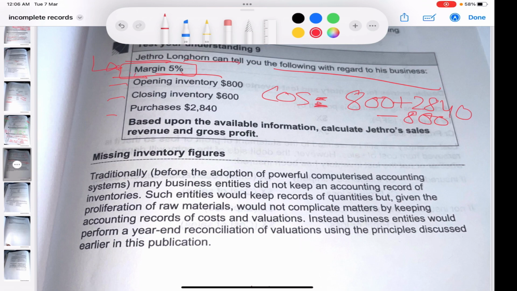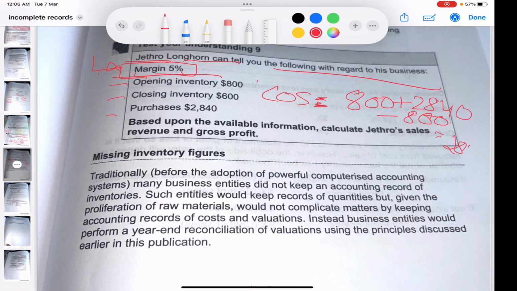Keeping this over here, let us first find the cost of sales. 800 plus 2840 minus 800 is going to give you 2840.